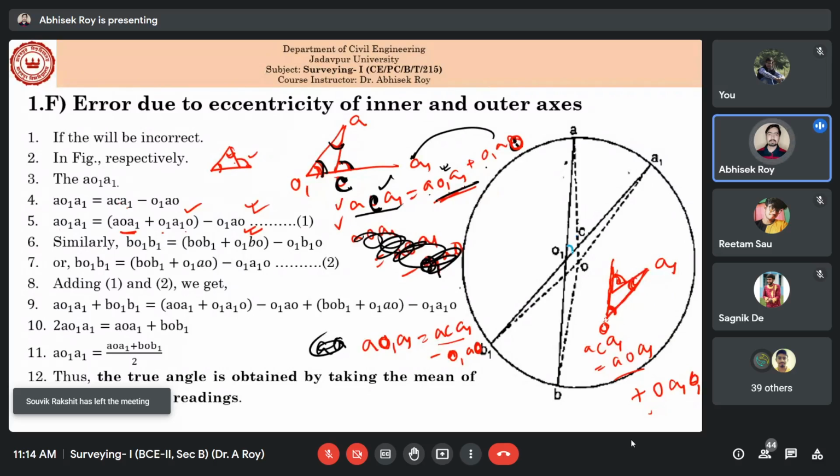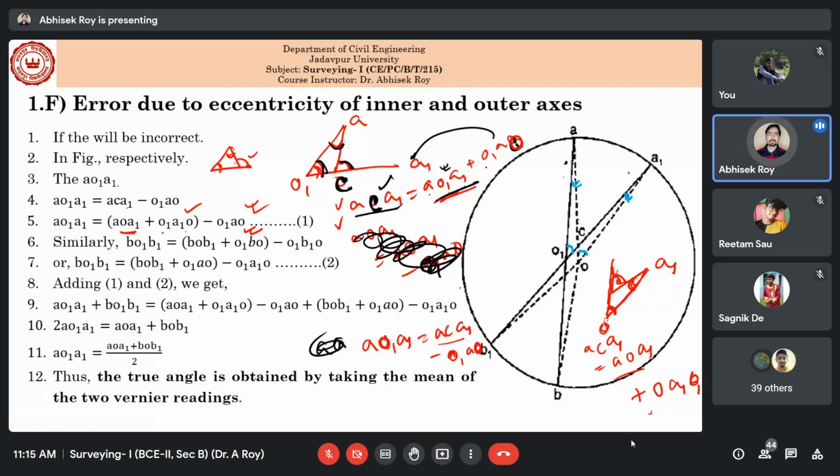That means this angle ideally should be AOA1, that means this angle, plus O1A1O, that means this angle, and minus this angle. So this plus this minus this.